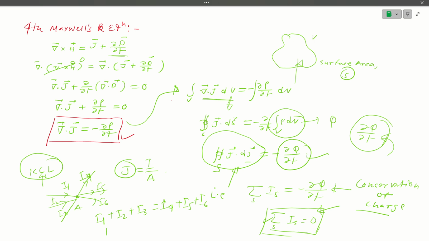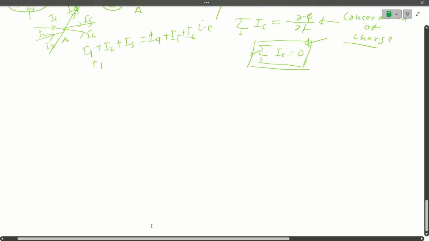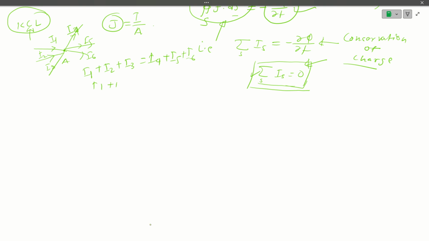Therefore we get I1 plus I2 plus I3 minus I4 minus I5 minus I6 equals 0. Therefore summation of I equals 0, that is the sum of total current is 0 at a node. So this is Kirchhoff's law.